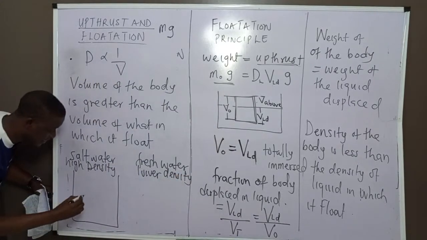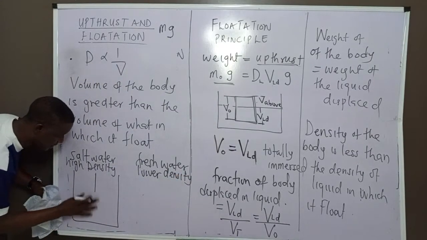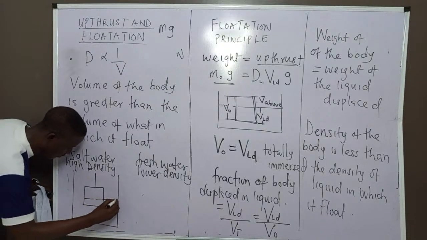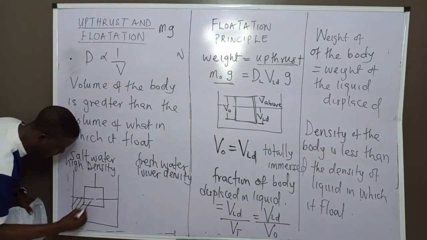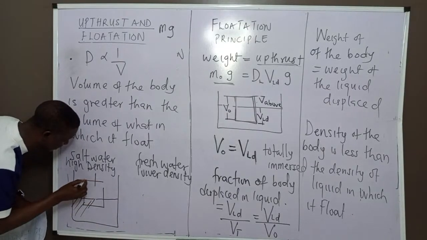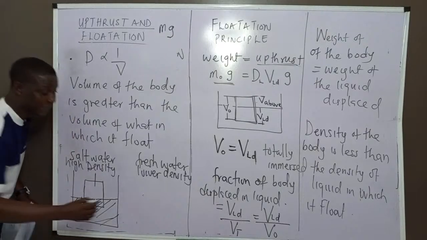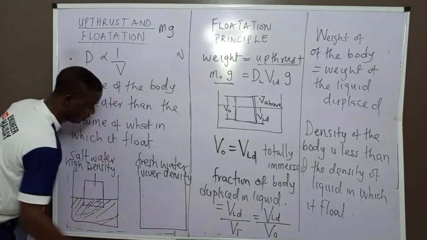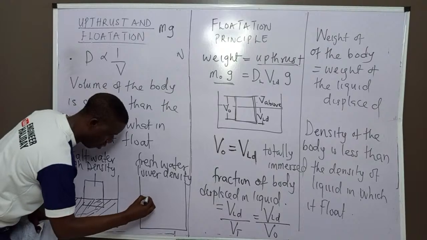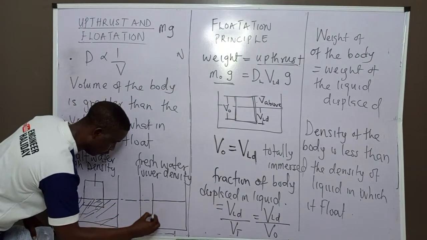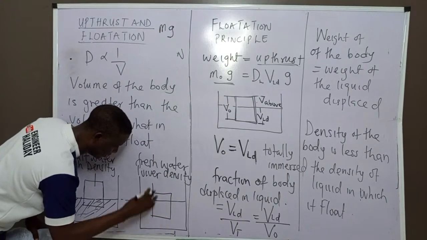So when you place the body here, it will sink less. Look at the fraction inside the water and the fraction that is above. But in this case, what do you notice? It will sink more. There will be more of the body inside the water.